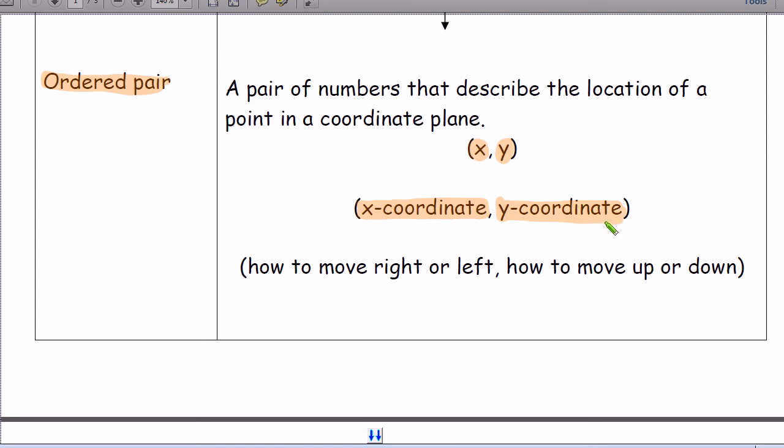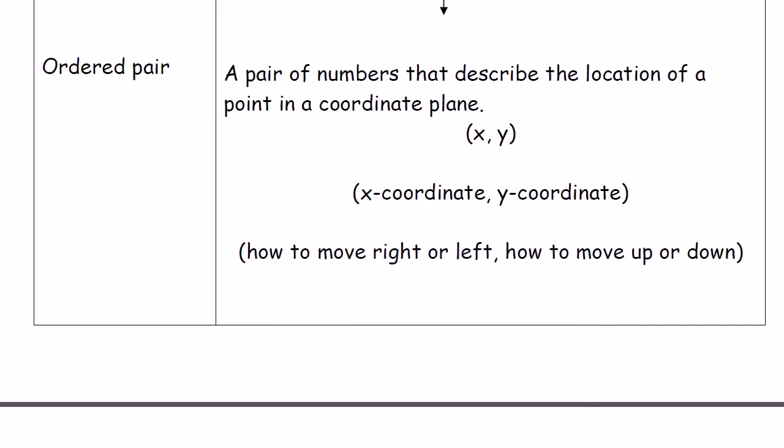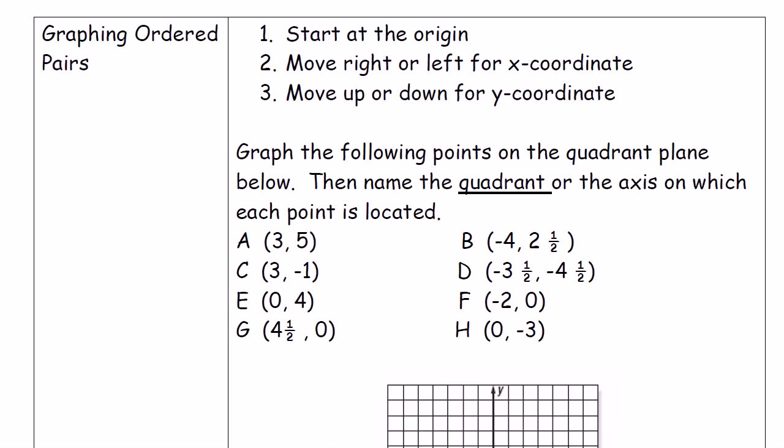Okay, so remember, the x coordinate tells you to move left or right, and the y coordinate tells you to move either up or down. Those are the two things that you need to remember. And any point on the coordinate plane will have two numbers, the x coordinate and the y coordinate. Let's look at some of those points.